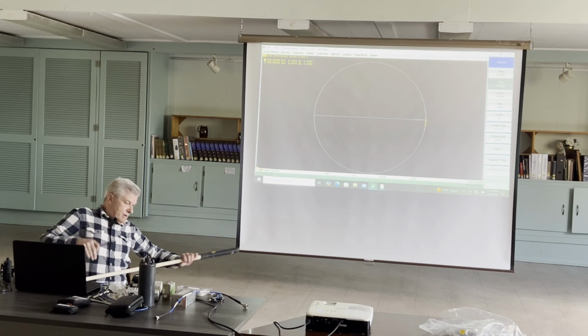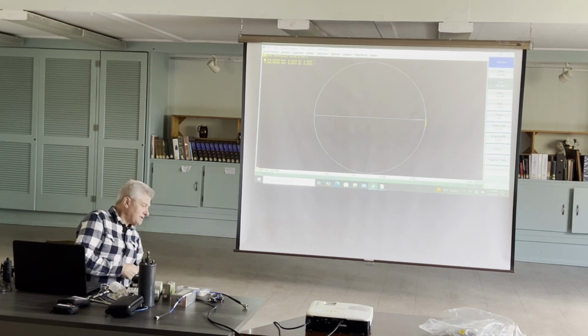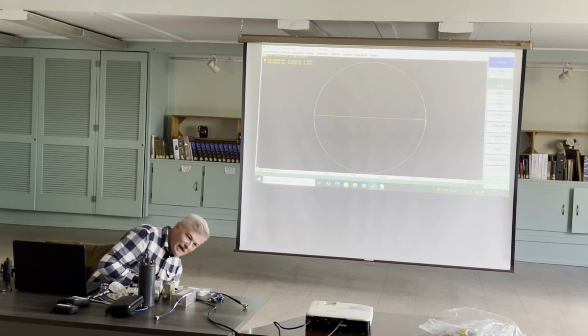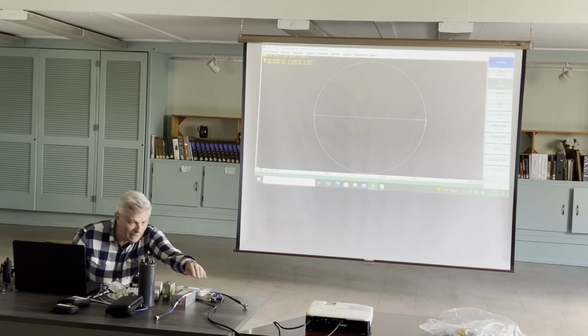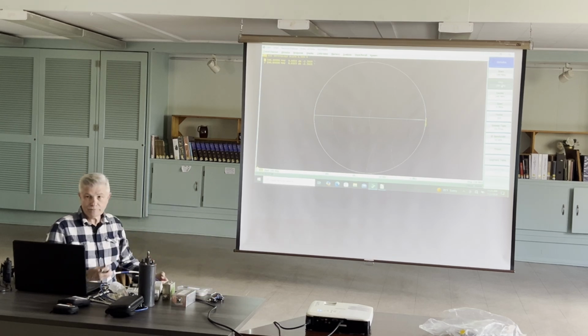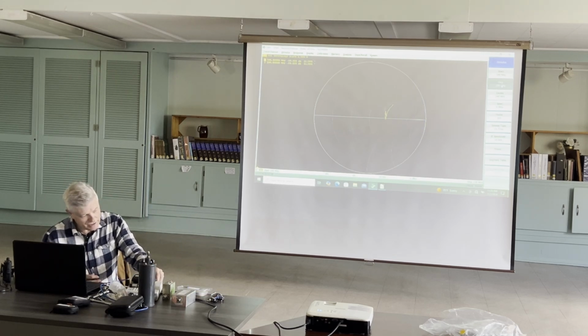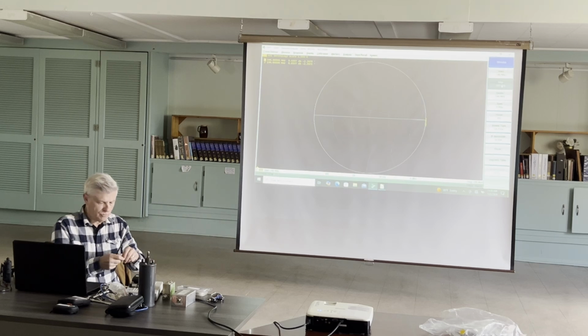Let's put this down. So this is actually an antenna. I paid $10 for that antenna at Hamfest. I don't know why, but I did. There you go. It did serve some intrinsic purpose. Oops, that's the wrong end of that.